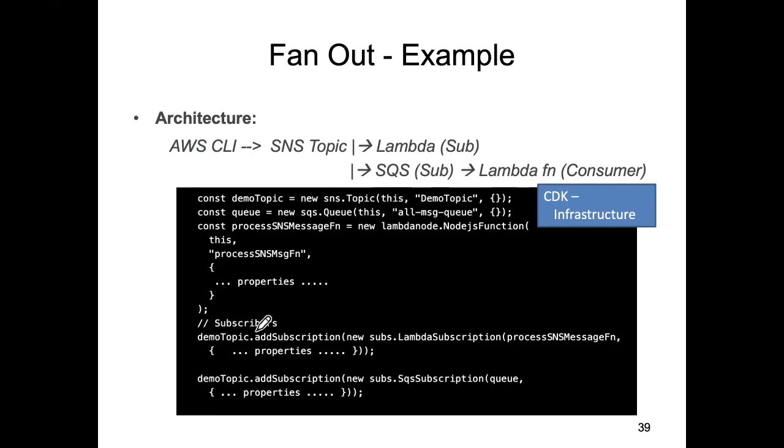Here I am hooking up my two subscribers to my topic, although I have to do that individually. So first of all, I'm adding the Lambda subscriber. And secondly, I'm adding the SQS subscriber. So that's the bulk of my infrastructure code.